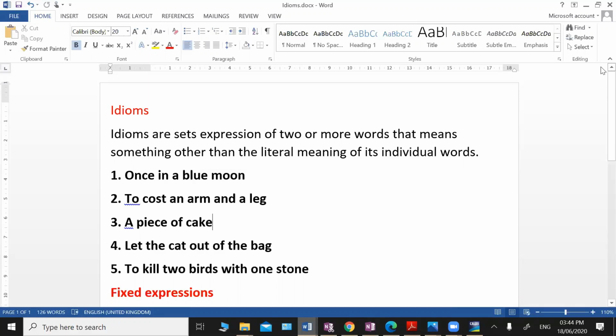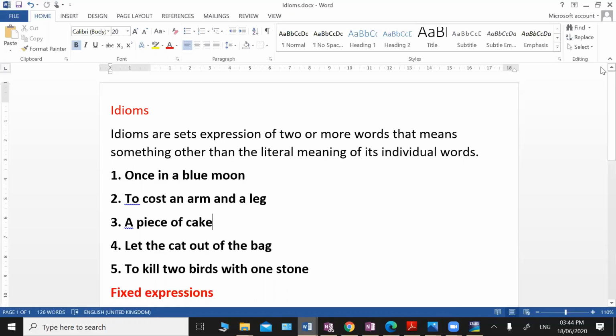Another one, let the cat out of the bag. It means to let the matter come in front of the people, let the people know what the problem is. Another is to kill two birds with one stone. It means when you do one thing but its result is multifold, you achieve two things with one stroke.